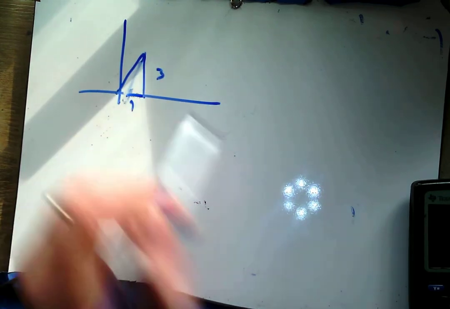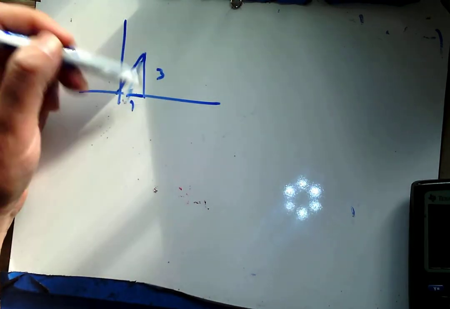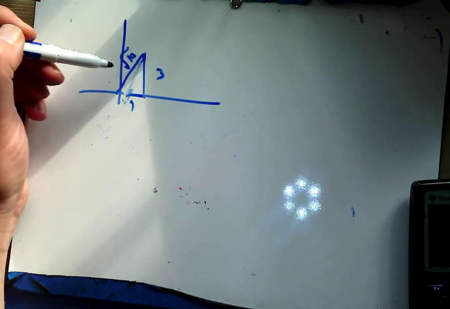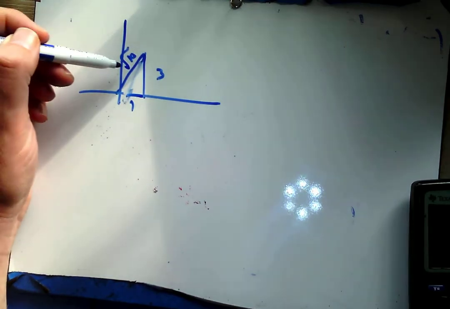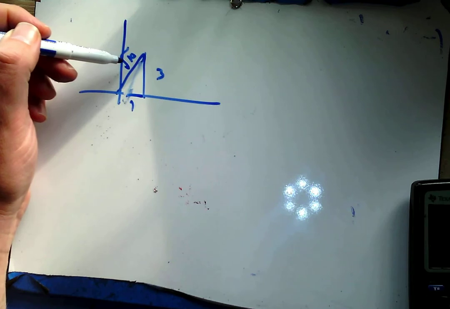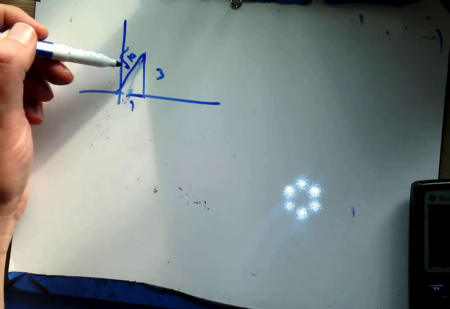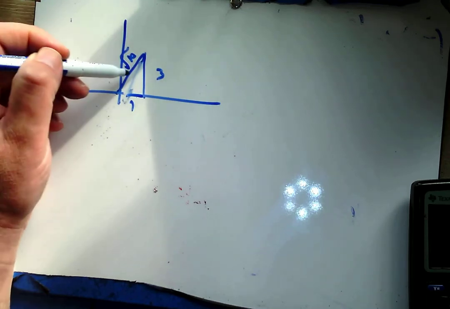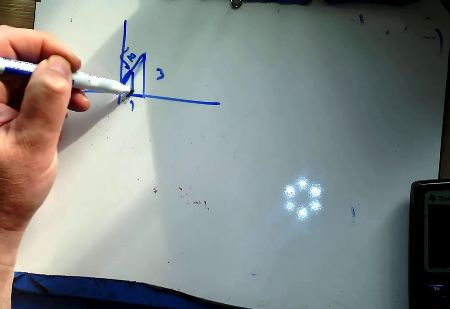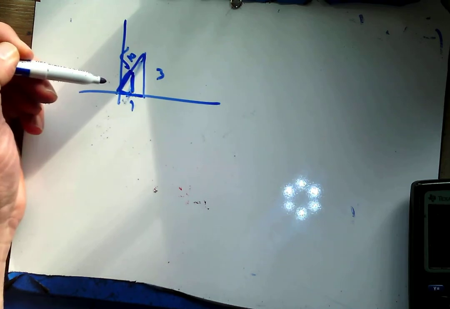Here's our vector, and if I do the Pythagorean theorem here, I get square root of 10, which is a little bigger than 3, isn't it? Square root of 9 would be exactly 3, but we don't want to go 3. Ours says we want to go 2, so we only want to go this far, which means that this and this have to be shorter.